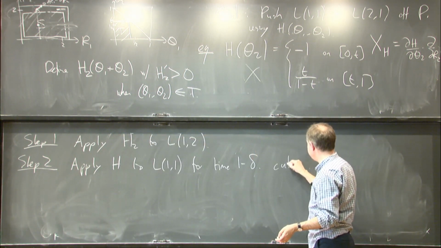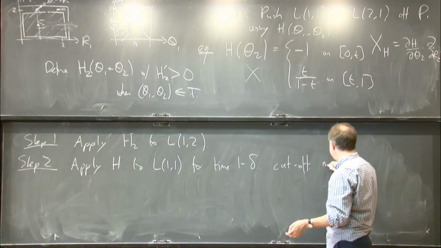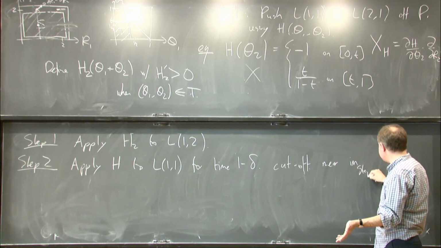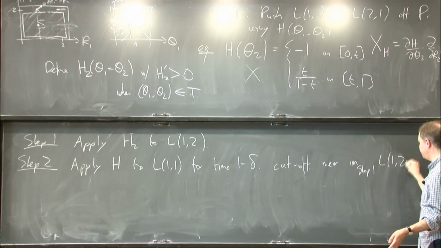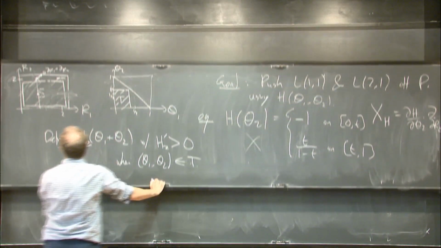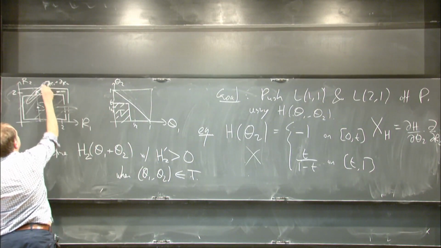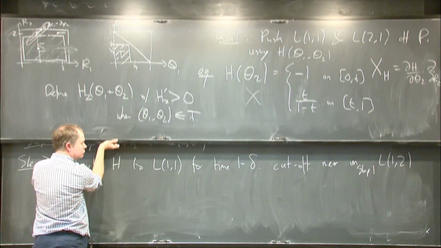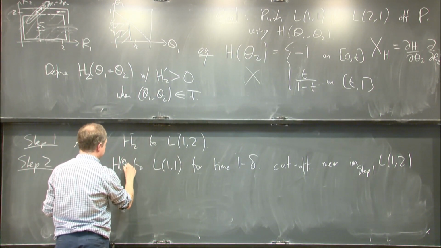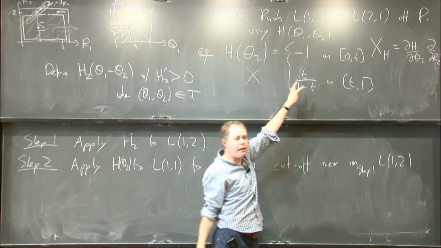Okay. So you apply this to L11, and then you have to cut it off, near the image under step 1 of the L12. Right. So cut it off here. This depends on theta, right? Yeah, it's exactly like this.